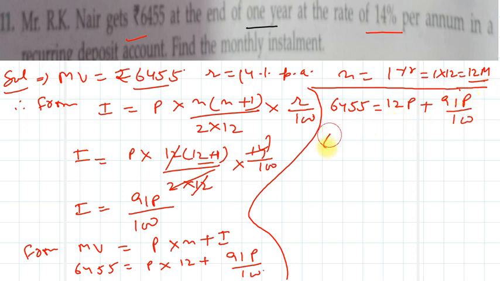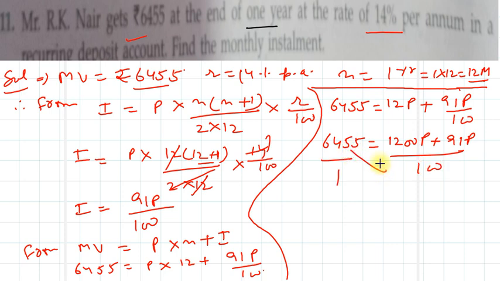So this would become 6455 equal to, taking 100 into 12, 1200p plus 91p upon 100. So by cross multiplication this has become 1291p equal to 6455 into 100.